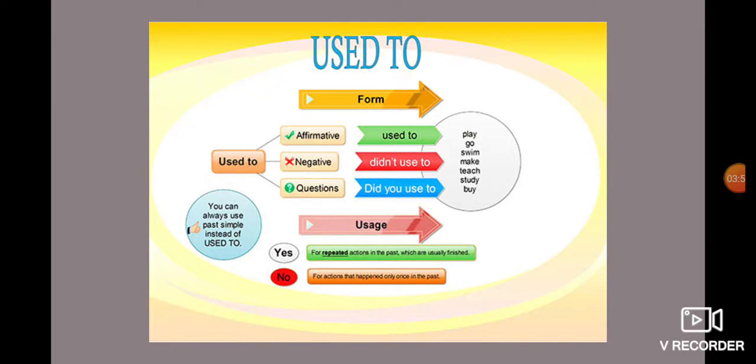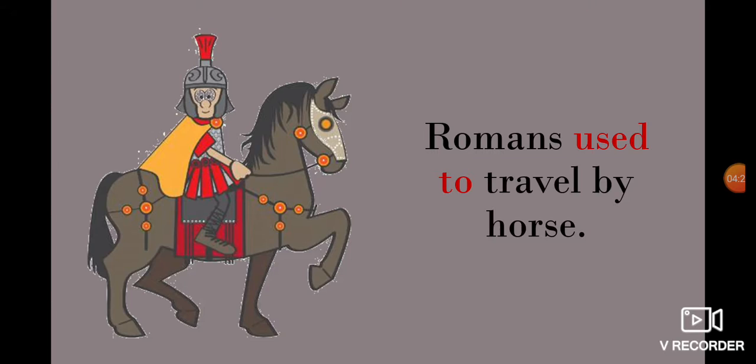If you did this action one time, this is not the correct way to use this expression. Si son acciones que solo las realizó una vez en el pasado, no puede utilizar el used to. Es para acciones que eran constantes. That means repeated actions. Okay, excellent.